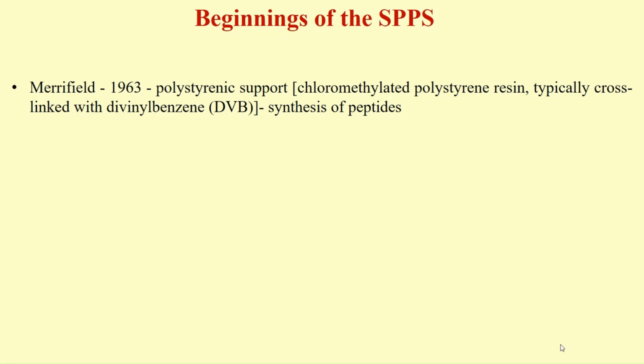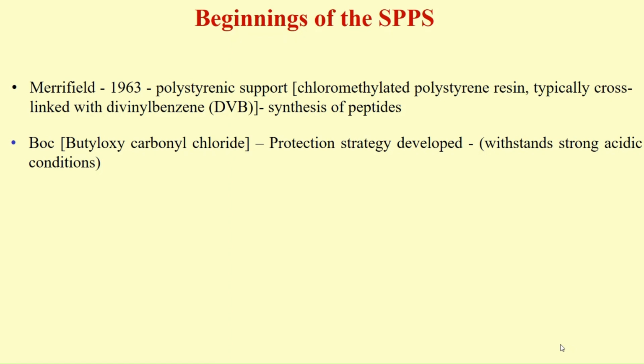And this has been anchored with the carboxy group of the amino acid. And he used butyloxycarbonyl chloride for protection of the amino group. He used this because it can withstand strong acidic conditions.